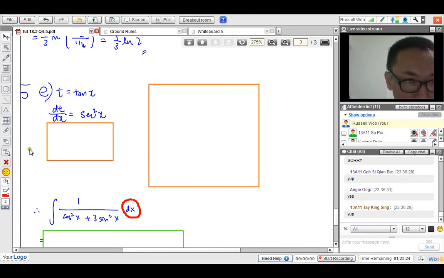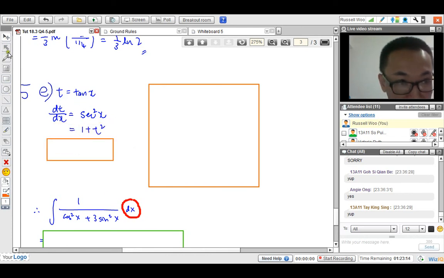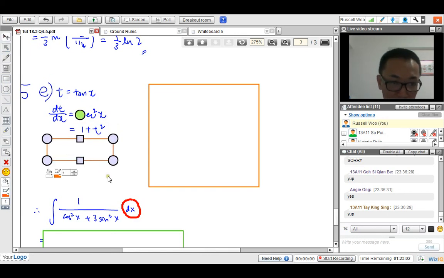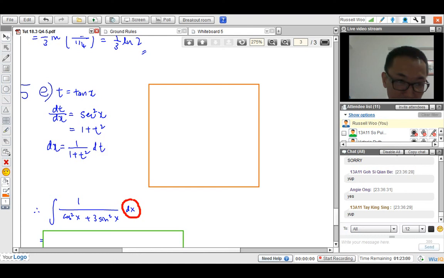So again, it's the same idea. Your secant square x is not good enough. I change it to 1 plus t squared, because ultimately, this dx has to be changed, everything in terms of t and dt. This secant square x is not good enough. So therefore, I get this dx.